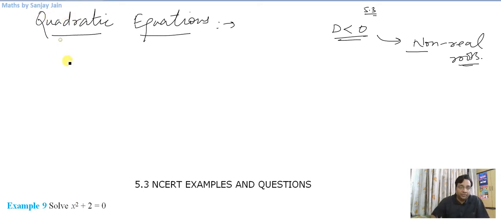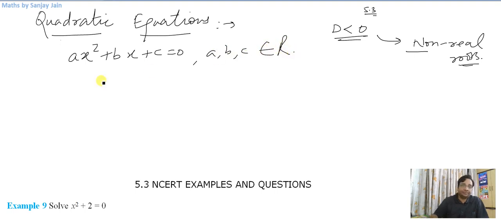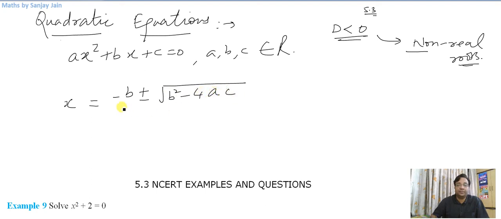For example, when we had this quadratic equation ax squared plus bx plus c equal to 0, where a, b, c belong to real numbers, we used to say the solutions of this quadratic equation are minus b plus minus square root of b squared minus 4ac by 2a, right?